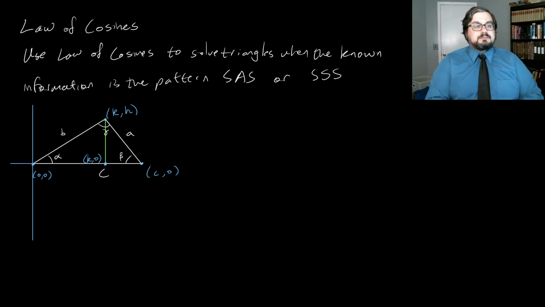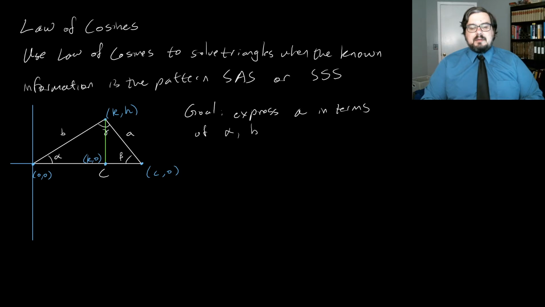So that's our goal: to express A in terms of alpha, B, and C. I think I might have said alpha, beta, and gamma before, but we want to express it in terms of alpha, B, and C. Once we figure out what A is, then we'll be able to use the law of sines, because then we'll know the value of A, we'll know the value of alpha, and we'll know B and C. And so from there we'll be able to get beta and gamma.